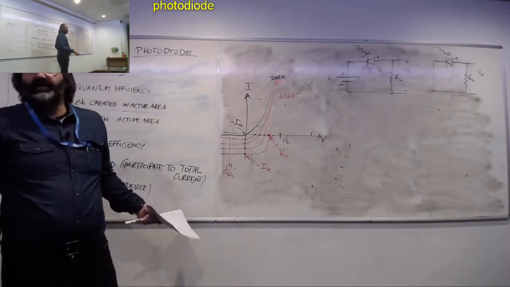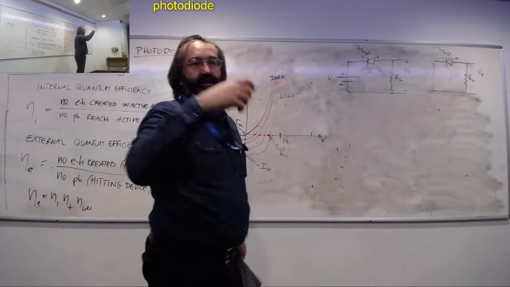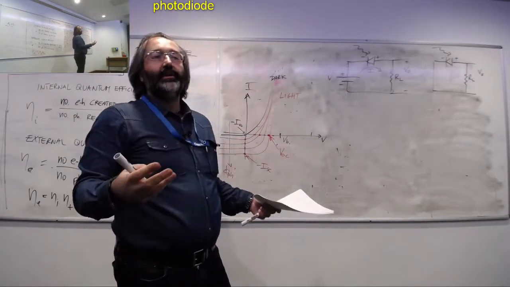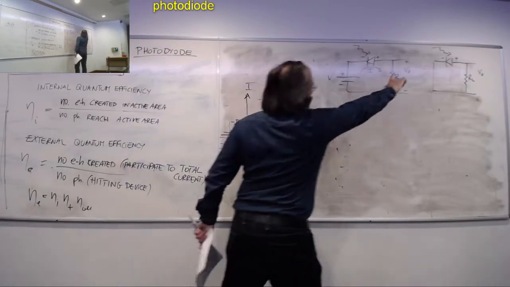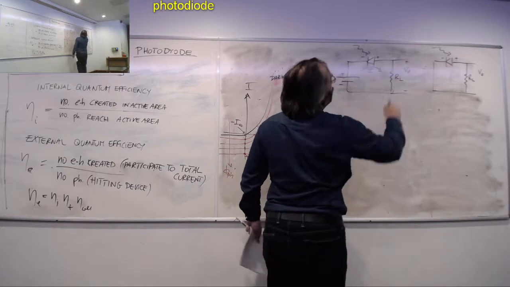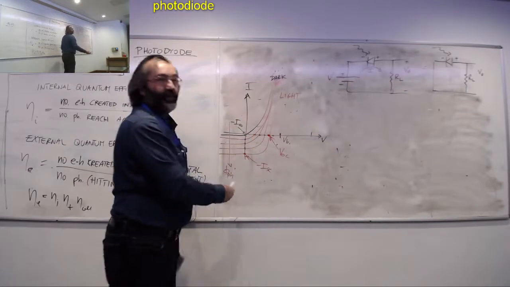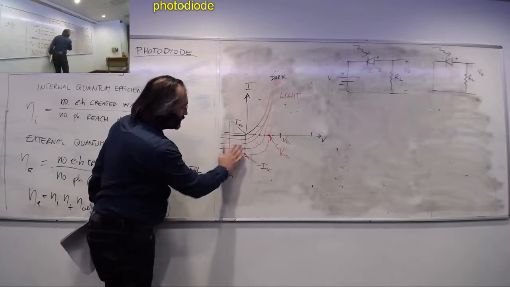So the best way to get an output signal is through the current flowing through this resistor, which is proportional to the photon flux, because I'm operating the PN junction in this region.